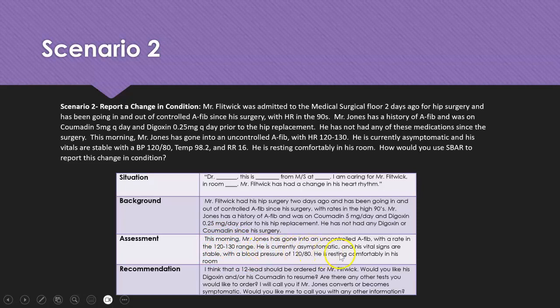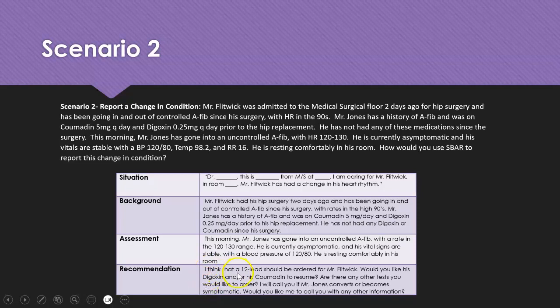He is currently asymptomatic and his vital signs are stable, and you give the blood pressure result. He is resting comfortably in his room. That's your way of letting the doctor know he's not diaphoretic, he's not short of breath, he's not passed out, he's just sitting there. But we want to do something about this right now based on his vital signs, based on the fact that he hasn't been taking any medicine.